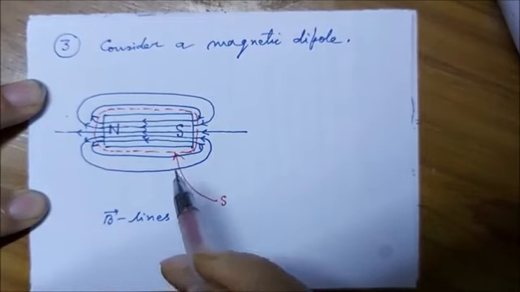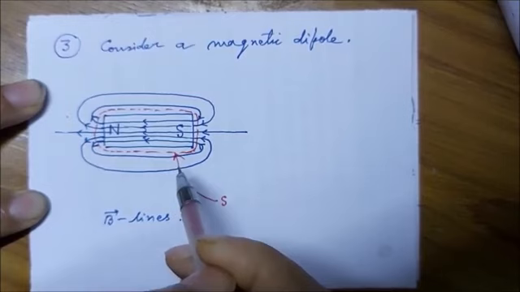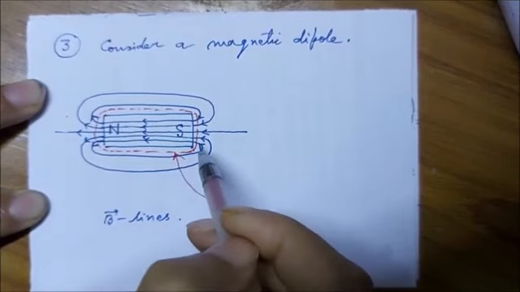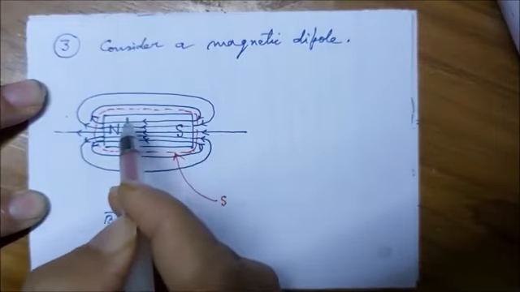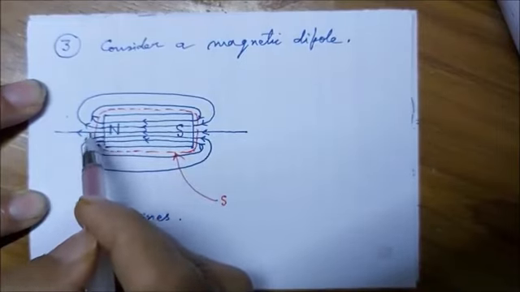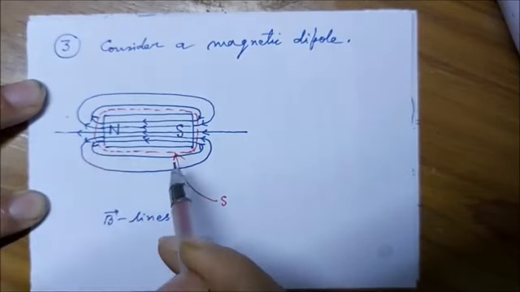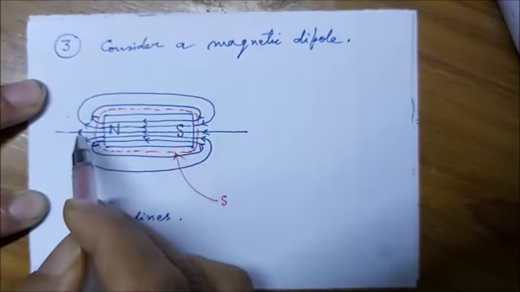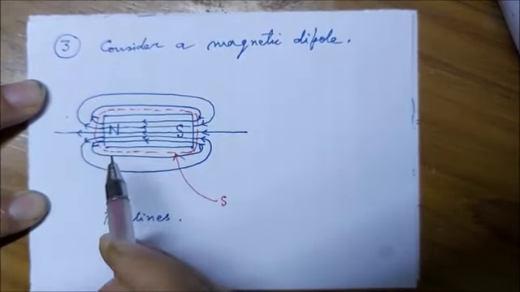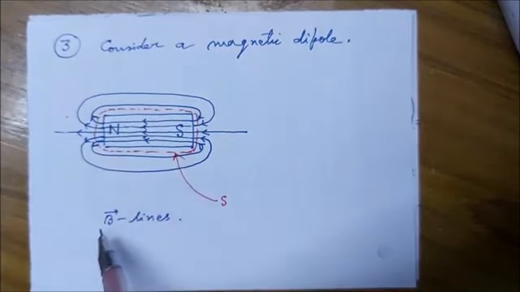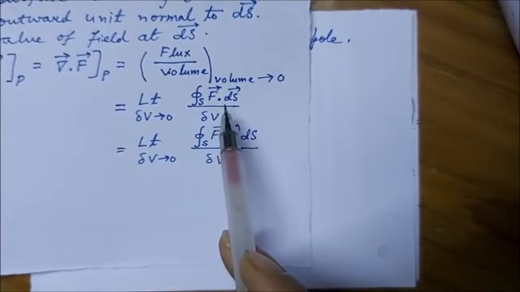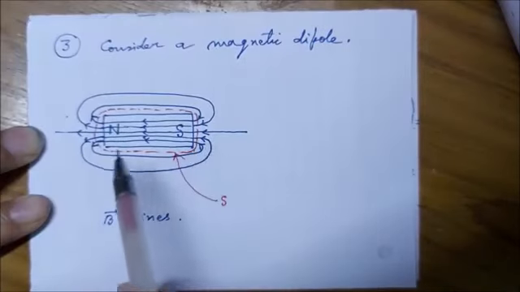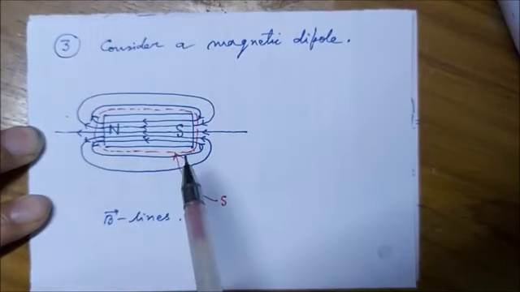We find that so far as this diagram is concerned, the number of entrances are 1, 2, 3, 4, 5, and the number of exits are 1, 2, 3, 4, 5. So there are 5 entries and 5 exits, so the net flux is 0. From the definition of divergence of B, it follows that the flux is 0.